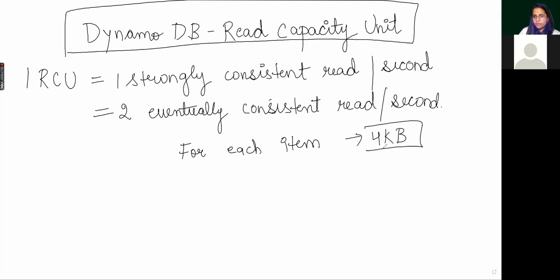So if we talk about one RCU, it is able to read only 4 KB of data. Getting it?